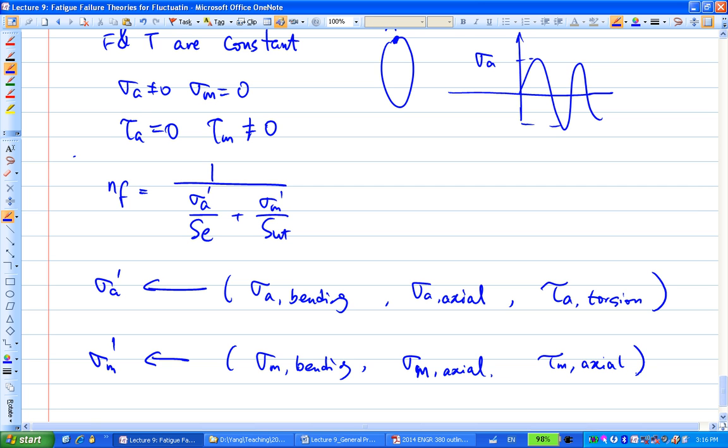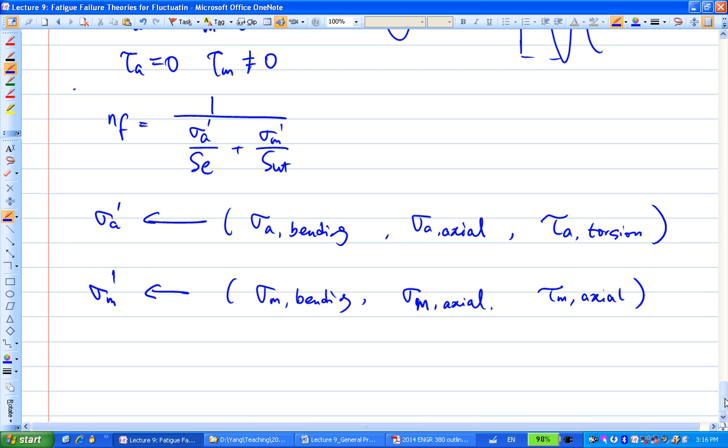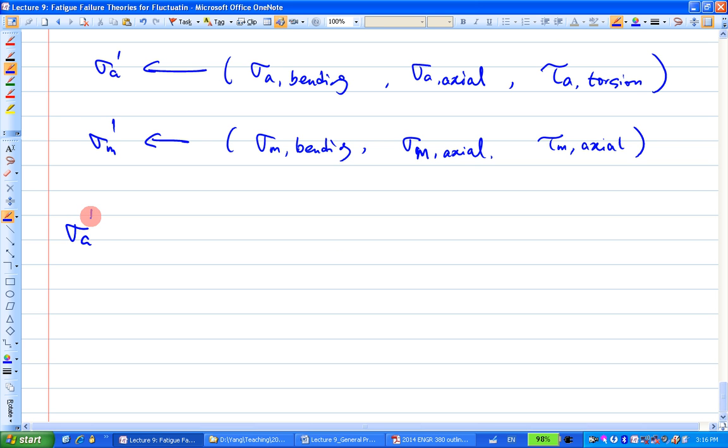So what's the equation then? The equation is basically the von Mises stress equation. I'll put down the equation here. Sigma A prime. It's a little bit long equation. I'll change this one because we need a general equation. We're going to multiply each one of the components by the fatigue stress concentration factor. Maybe it's 1, but maybe not. We're going to include that here.